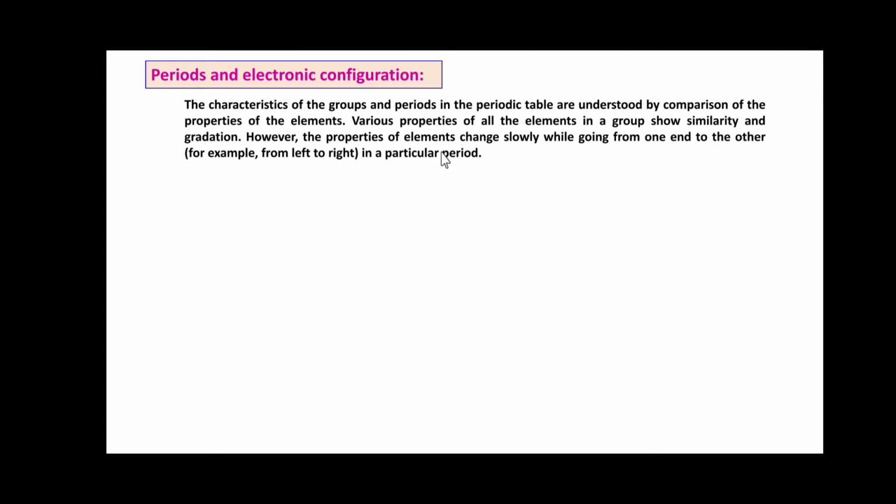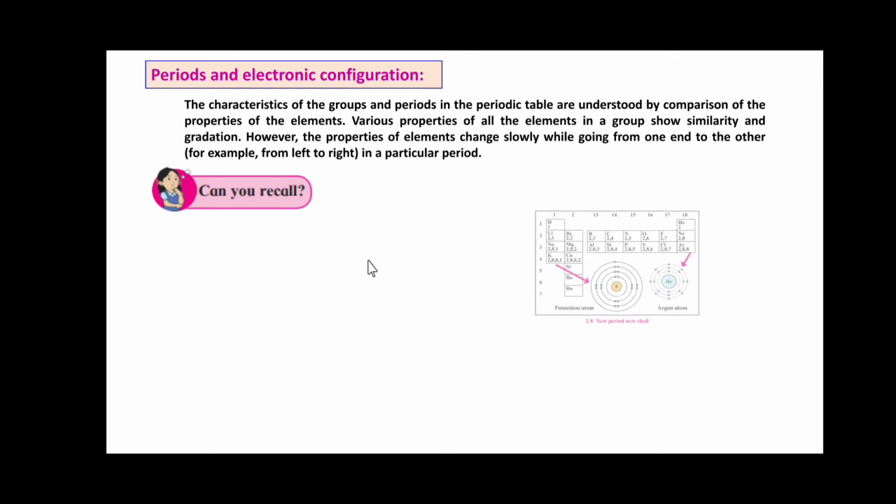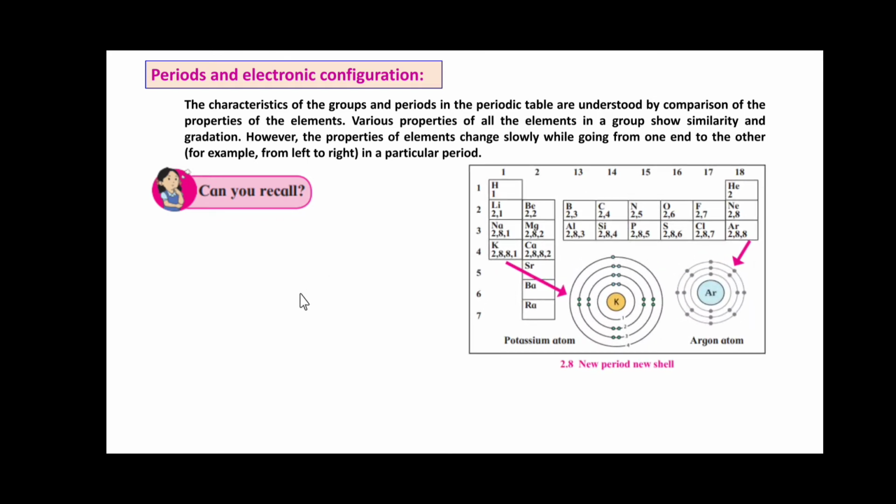However, the properties of the elements change slowly while going from one end to the other, that is, for example, from left to right in a particular period. So friends, now we must recall things by answering some questions.